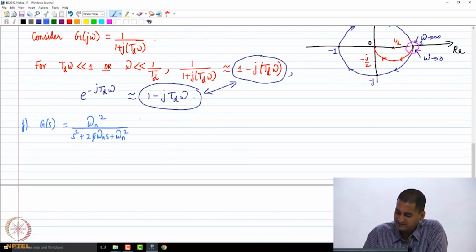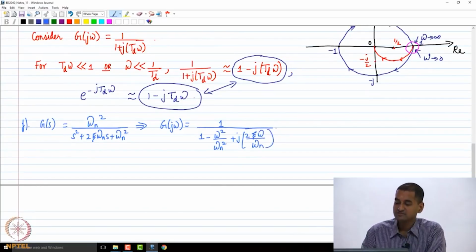We have already done this when we did the Bode plot. So G(j omega) is going to be 1 divided by 1 minus omega squared by omega n squared plus j times 2 zeta omega by omega n. This is something we already know.